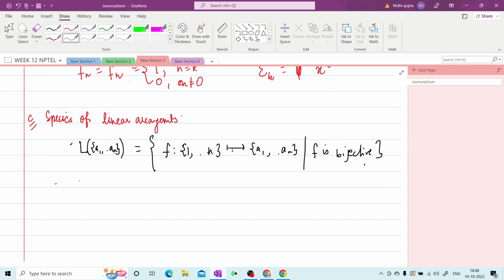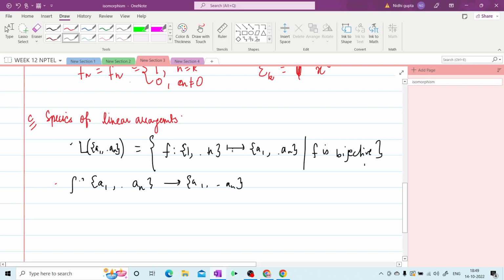So if you had any bijection from a1 to an to a1 to an, f, sorry, this is sigma.